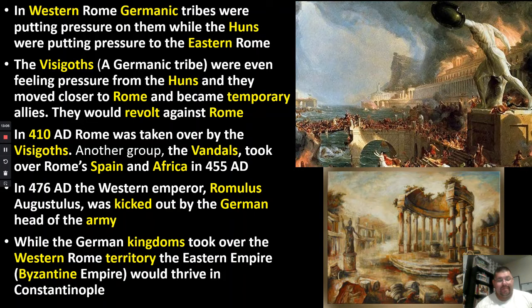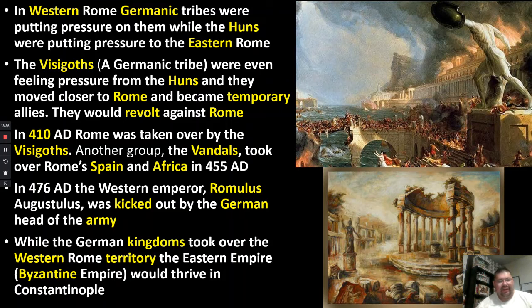Yeah. So while the western part of Rome was crumbling and being taken over little by little by the Germanic tribes, the eastern part of Rome, the Byzantine Empire, would basically thrive and grow. And they would finally collapse. If I'm not mistaken, they wouldn't collapse until the 17th or 18th century.